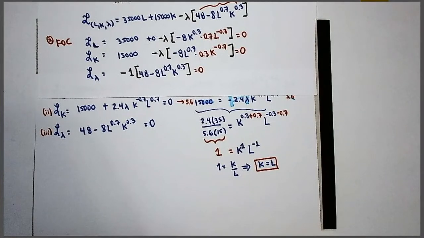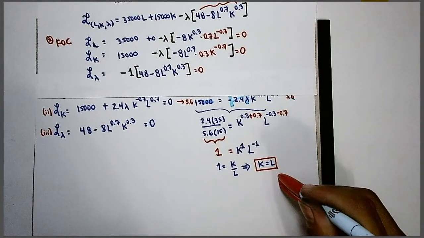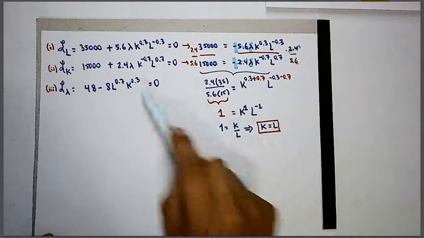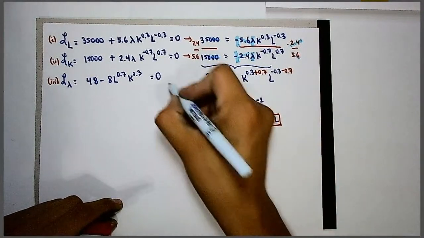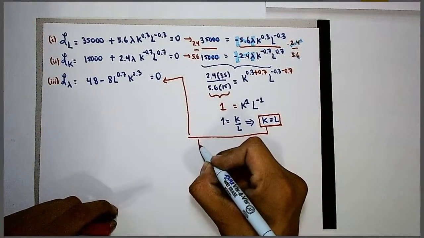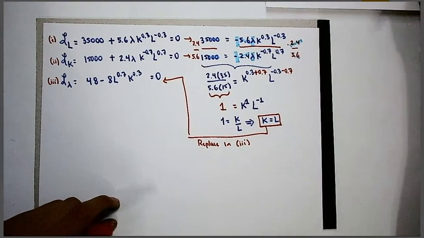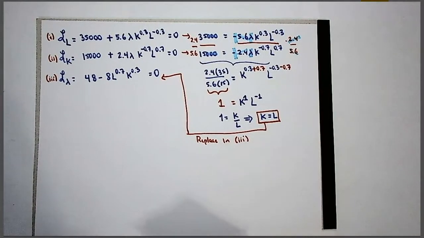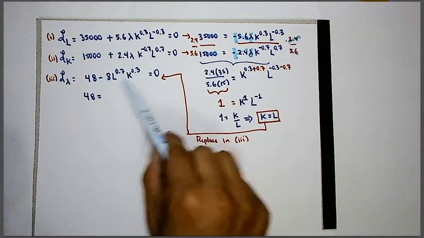And then, as in the case of the utility function that we solved before, we will replace this relationship that we obtained from the first two equations into the third one. So before we replace it, let's just move all this to the right-hand side.